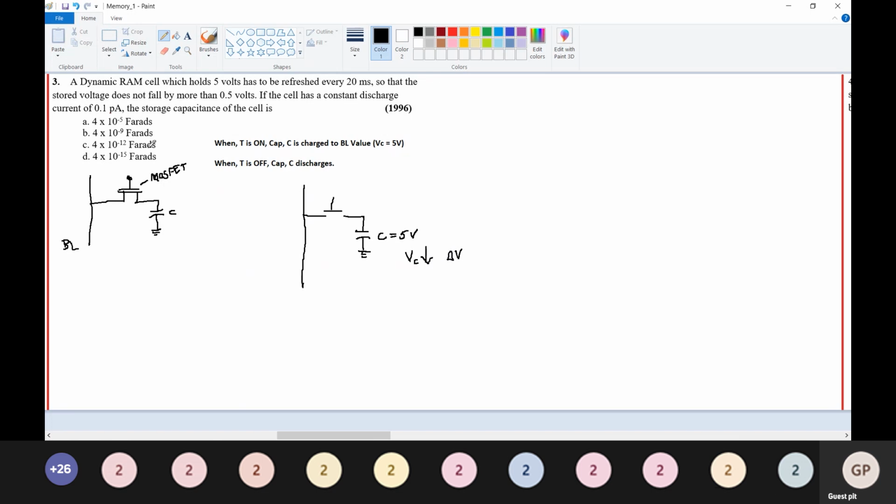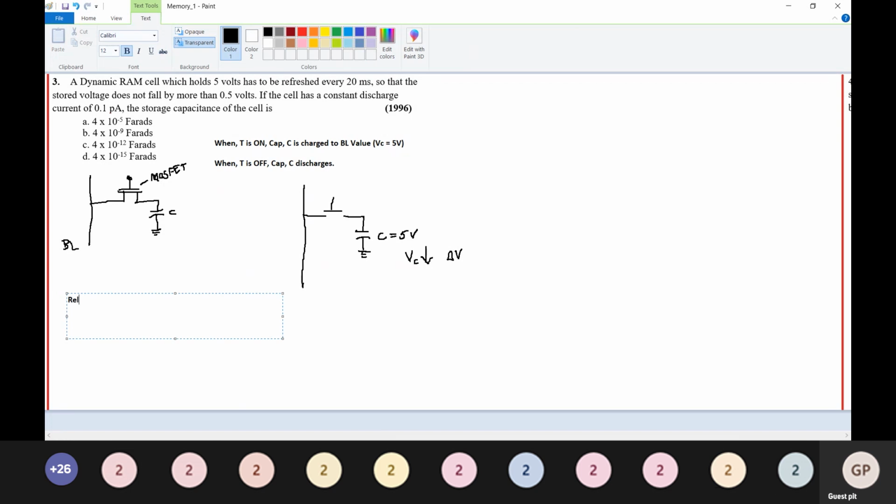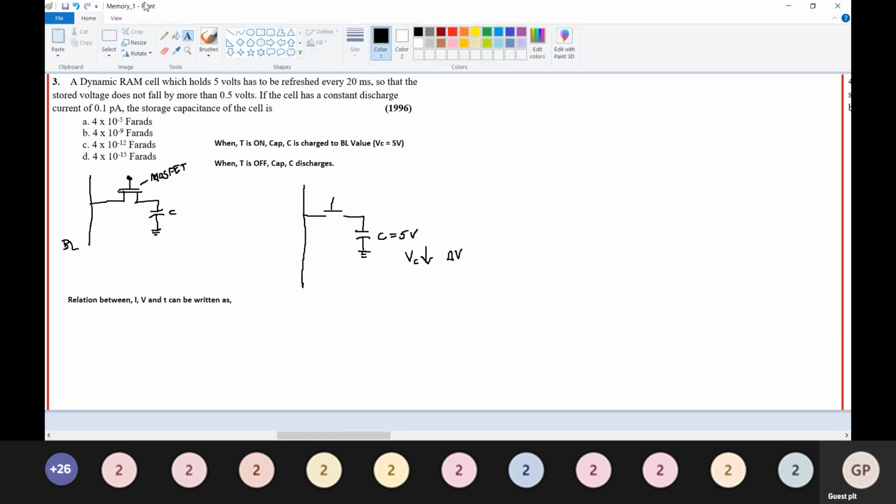Now we'll see the relation between current I, voltage V, and time T, which can be written as ID is equal to C into dV by dt.